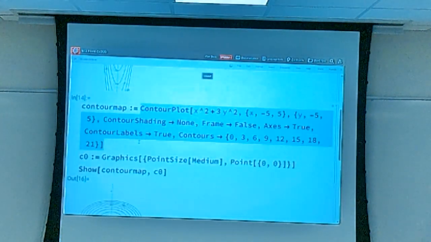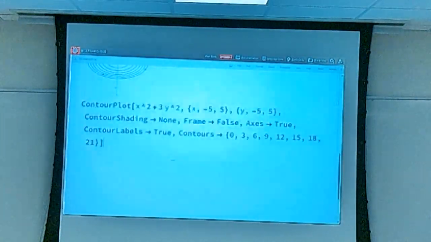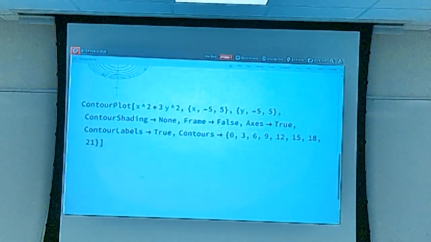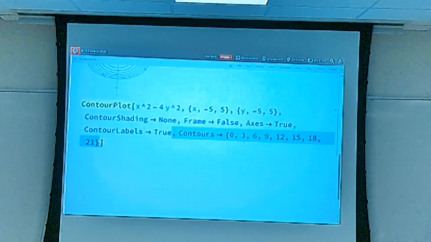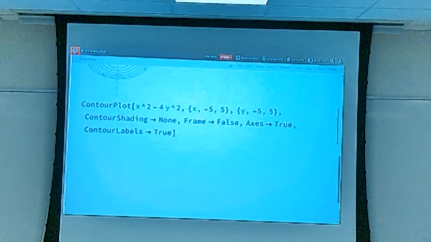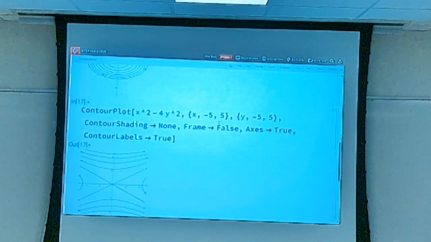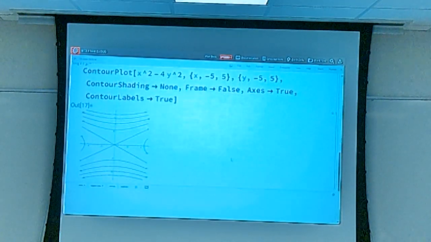So next up was x squared minus 4y squared. Let's see what that gives us.